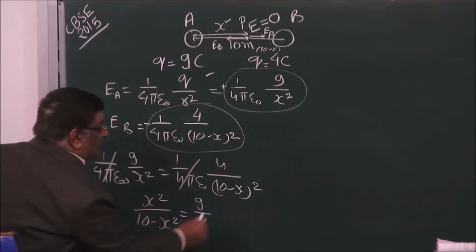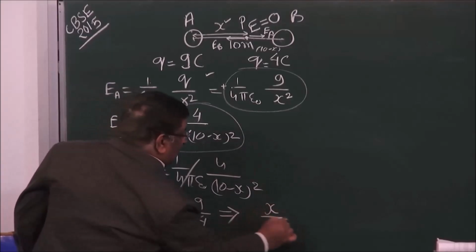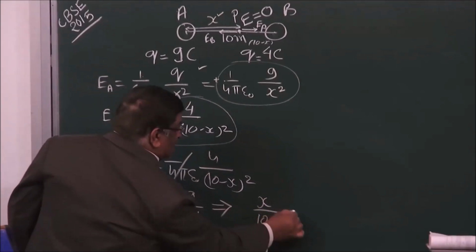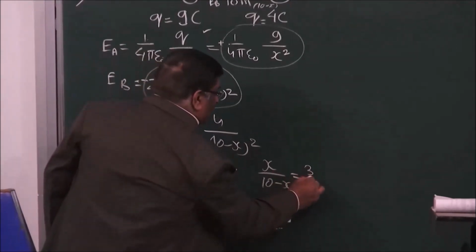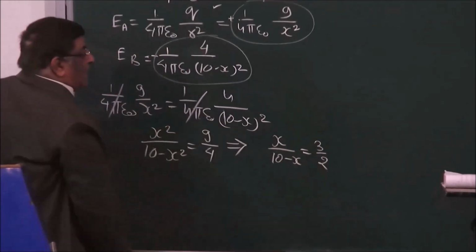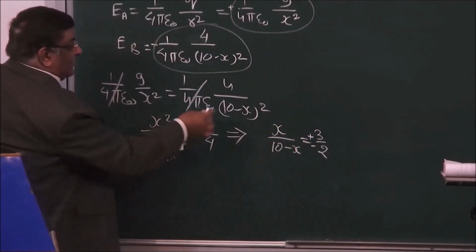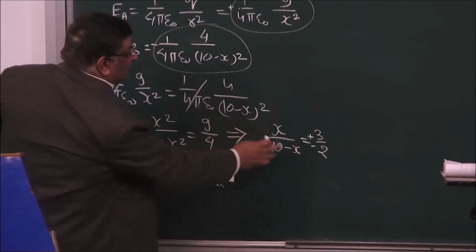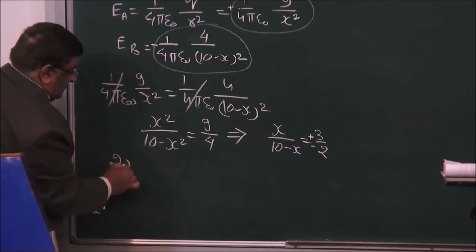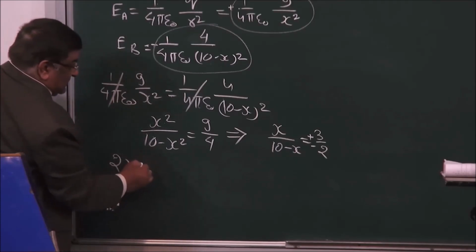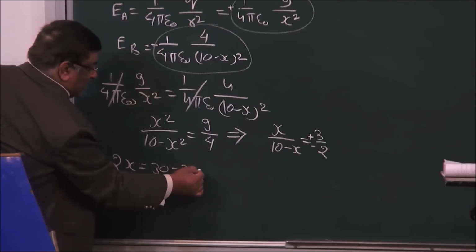Take the square root of both sides, and this will be x upon 10 minus x equal to 3 upon 2. Plus minus, because we are taking the square root. Let's first take the positive value. So this will be 2x is equal to 30 minus 3x.